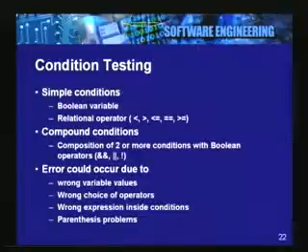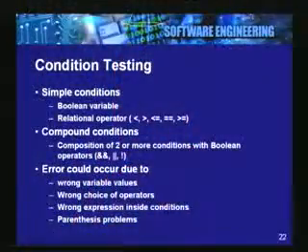A simple condition is typically a Boolean variable, or you could also have relational operators such as a less than b, a greater than or equal to b, less than or equal to, or a equal to b, and so on. A compound condition has a composition of two or more simple conditions, or even compound conditions. So, a compound condition can be complex, and the composition is typically done through Boolean operators.